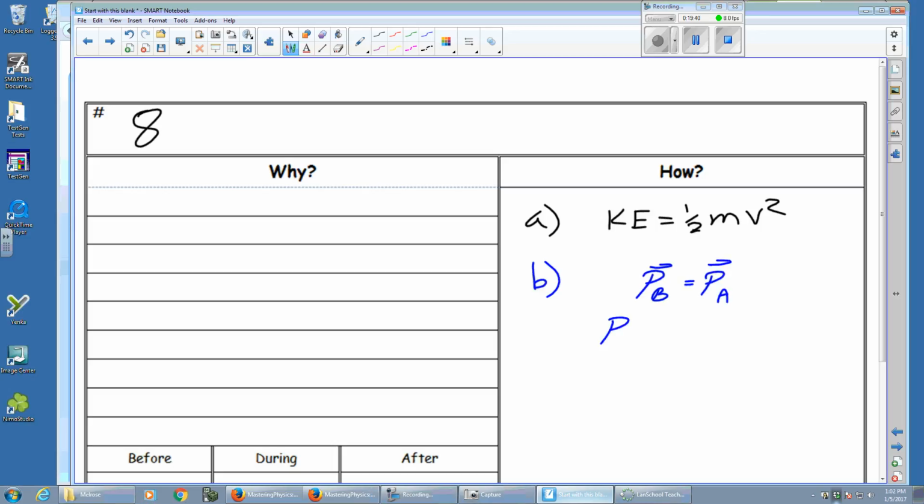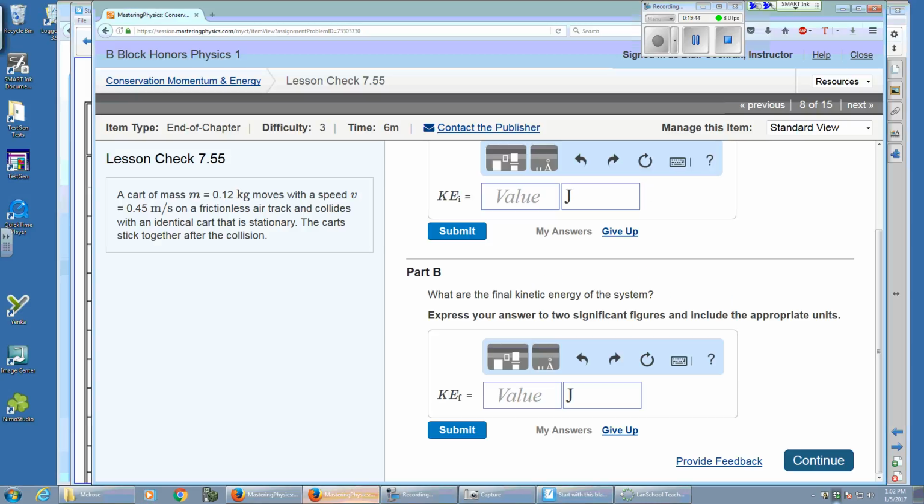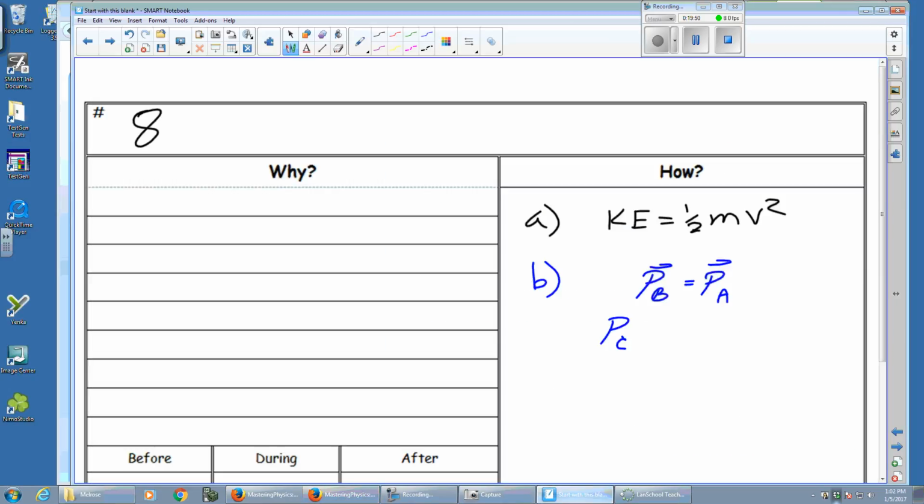So you've got momentum of the part. How do they tell them apart? Oh, they're identical. So let's call them 1 and 2. Momentum of 1 equals the momentum of 1 and 2 together.